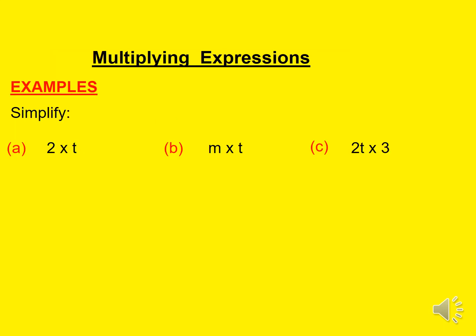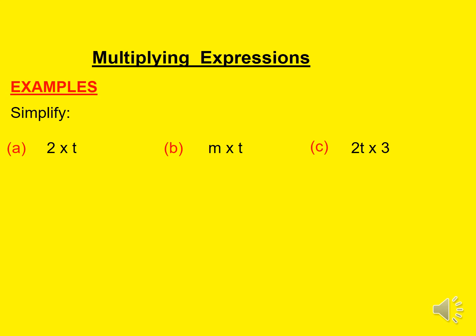Okay, so what we did yesterday, we looked at how we simplify expressions when we've got various things with algebra added together. So what we're going to be looking at today is how we do them when we're multiplying. So the key thing with this is thinking about what multiplication actually means. So if we've got 2 times t, that is 2 lots of t.